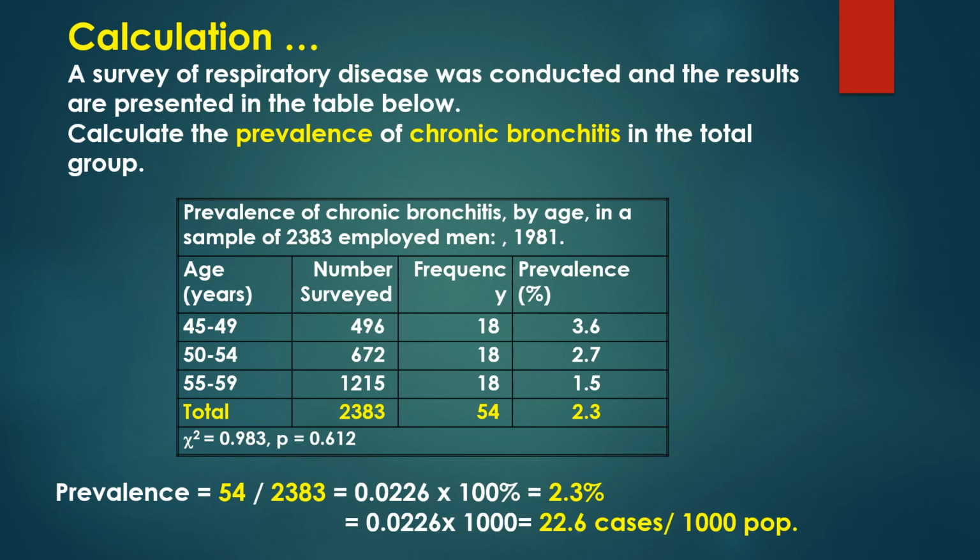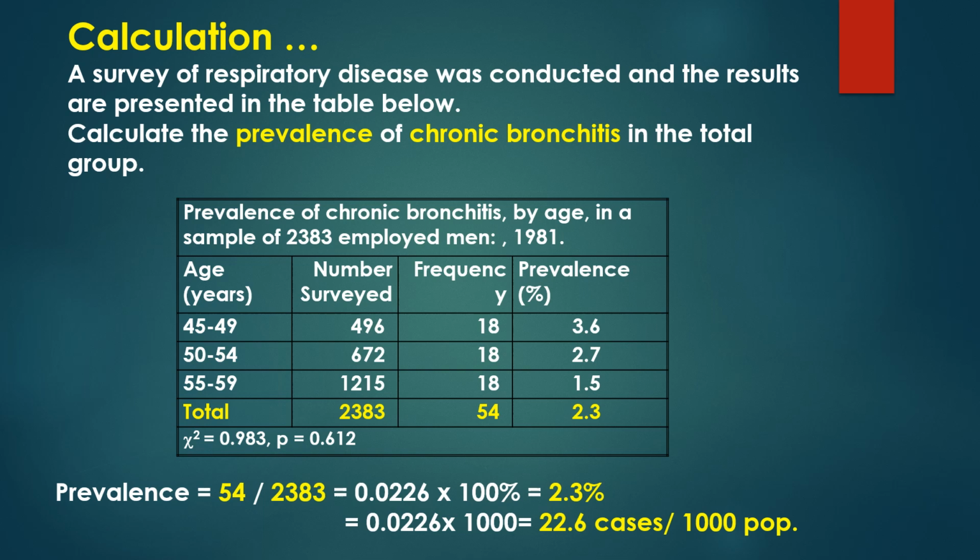Let's calculate together the prevalence of chronic bronchitis in all this group of employed men. Prevalence of chronic bronchitis here is the total number of cases, that is 54 cases, divided by the total number surveyed, 2,383.